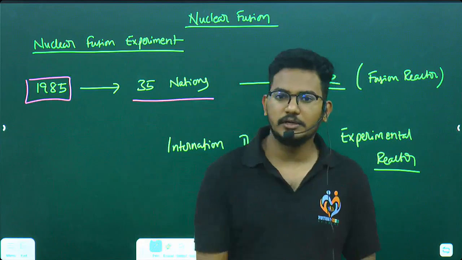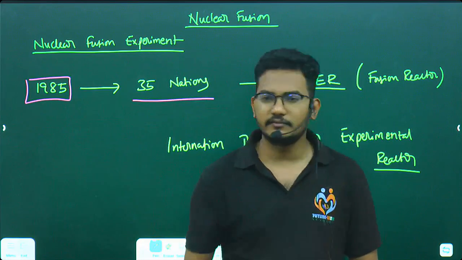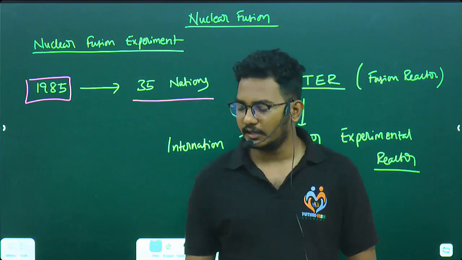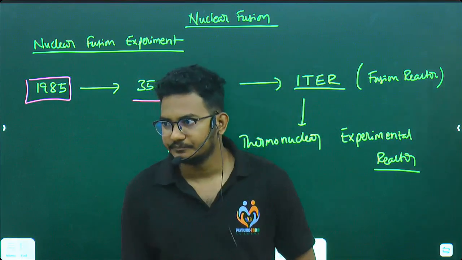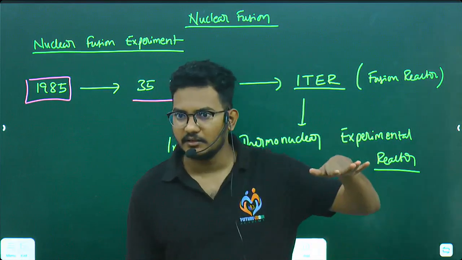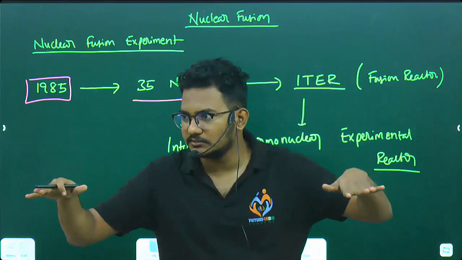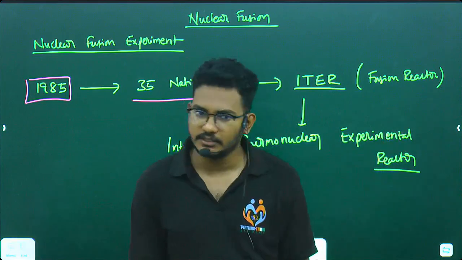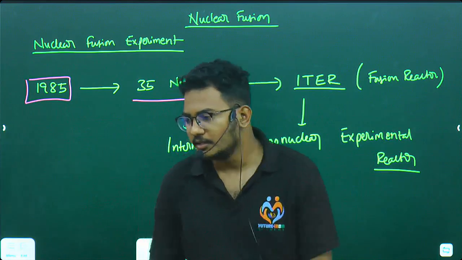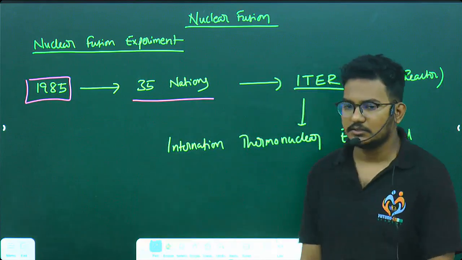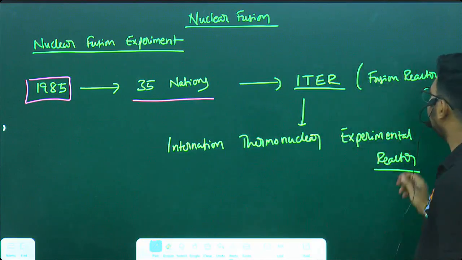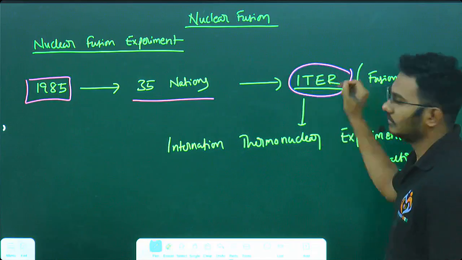But to do nuclear fusion, I have already told you in the first class, the energy produced is huge when compared to fission. I told you to compare the sun with your atom bomb. Which one is more dangerous? The sun, it has more heat. So in fusion more heat will be released, so here we need a separate reactor.